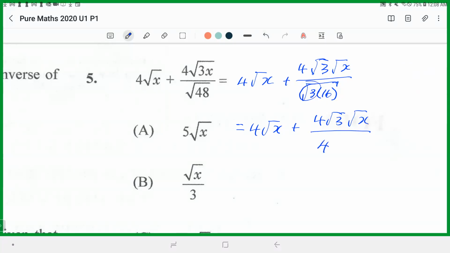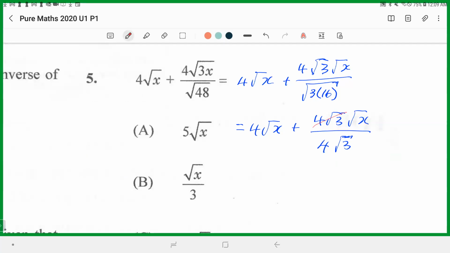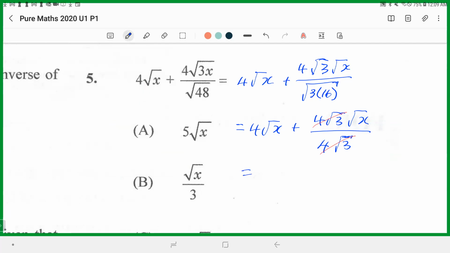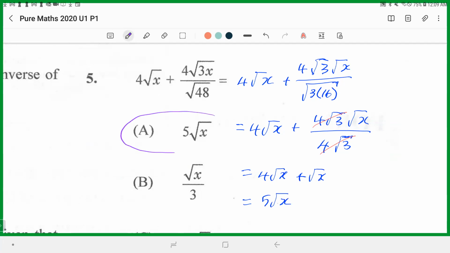And we are left with that root 3 times root x. And so these cancel. This cancels with that. And we then have 4 root x plus root x, which then is 5 root x. The answer is 5 root x, which is the answer right here.